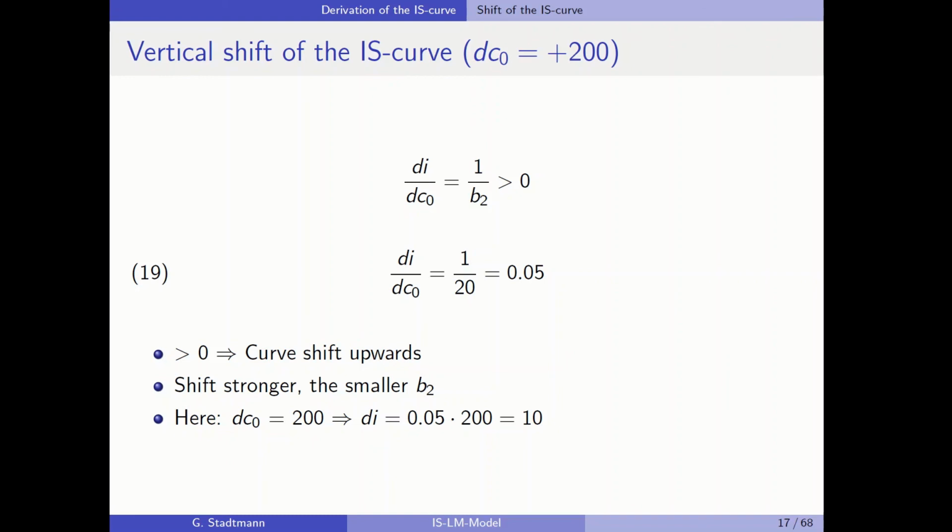But here in our numerical example, we have to multiply through by 200 because dC0 changes by 200 units, and hence we find the answer that the IS curve has to shift 10 units upwards in case that the autonomous component of consumption increases by 200 units.